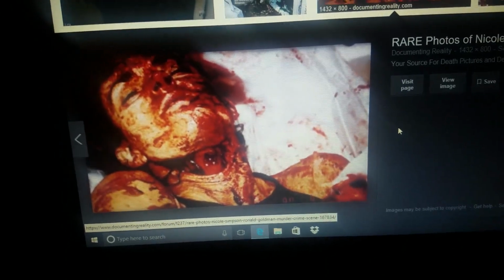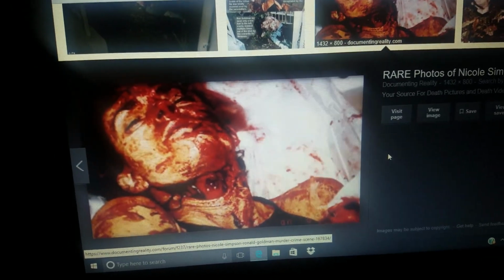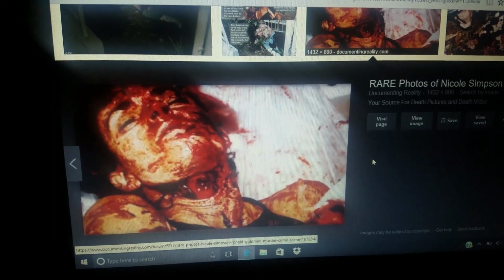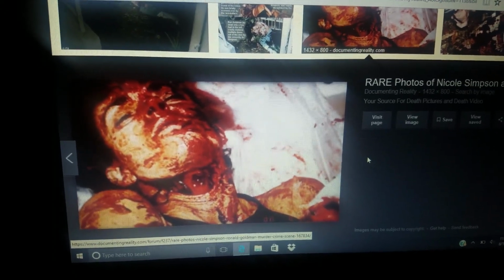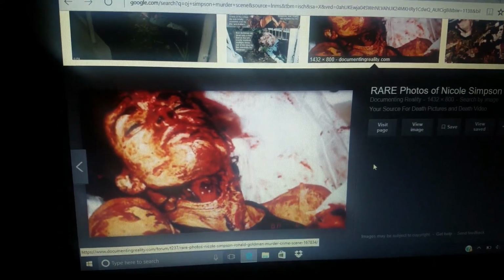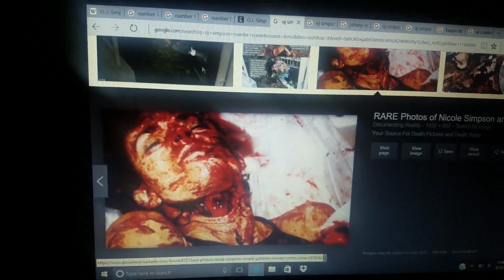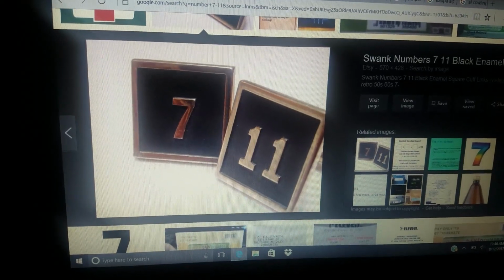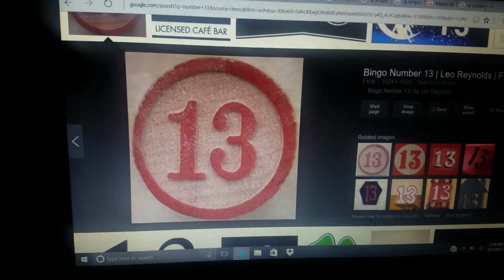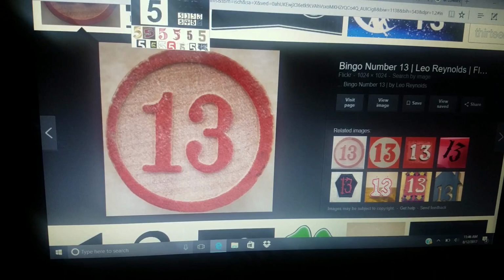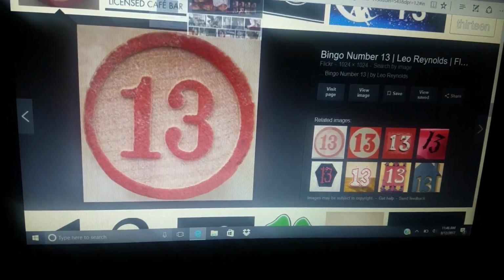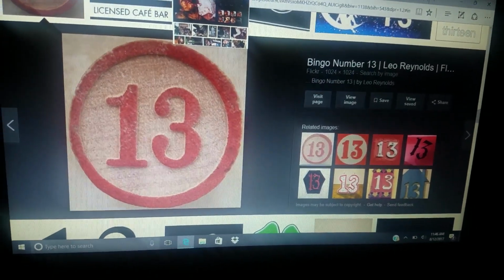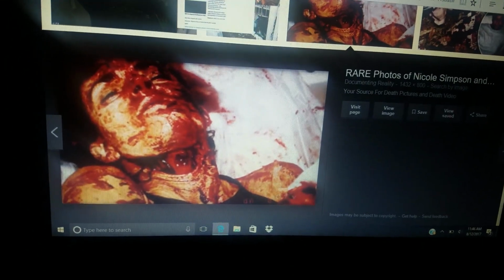So, when you add the 6, 1, 2 for June 12th, you get 9. 94 is 13. So June 12th is 9, 94 is 13. So right here, the 9, 7-11, same thing. Add that with the 13, all coded into the murders of Nicole Brown Simpson and Ron Goldman.